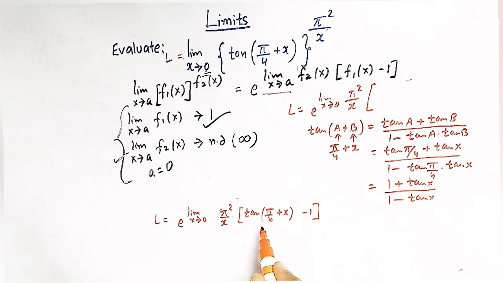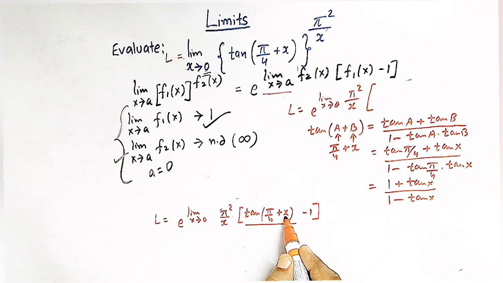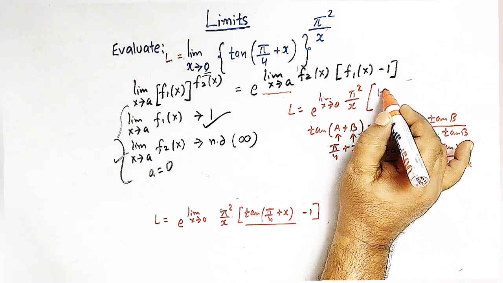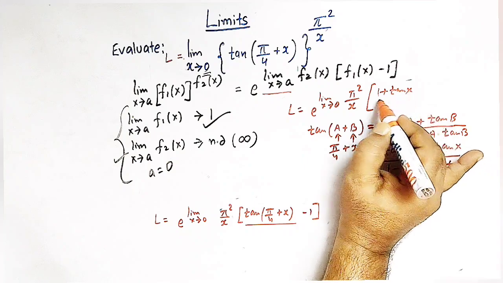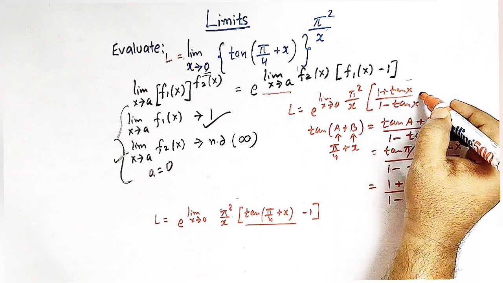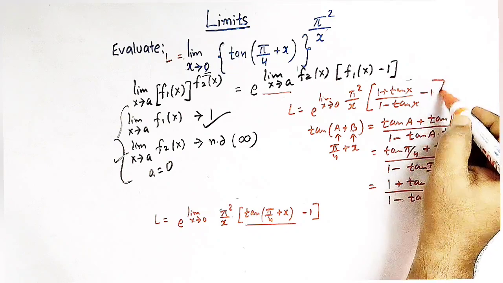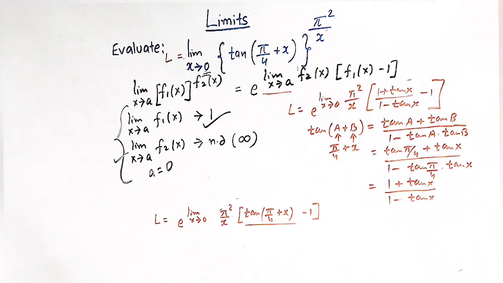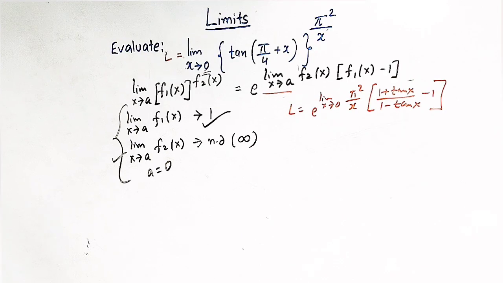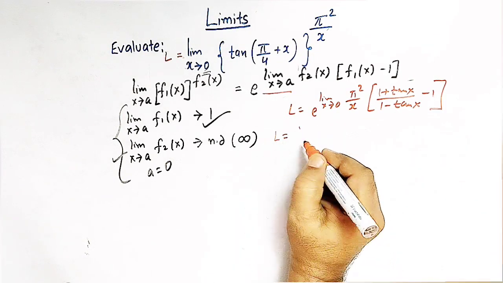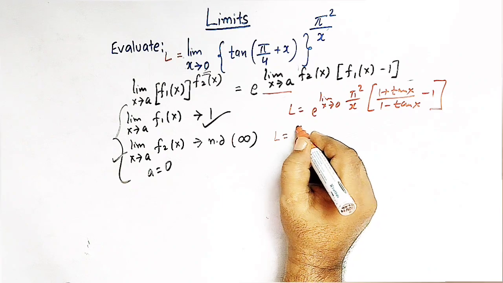So we can now replace this term, that is tan of pi by 4 plus x, by this expression. So now we have 1 plus tan x divided by 1 minus tan x, and here we have minus 1, and now we have to simplify this expression. So now we can write L is equal to e raised to pi square.